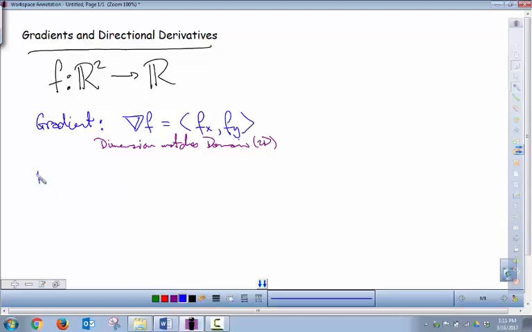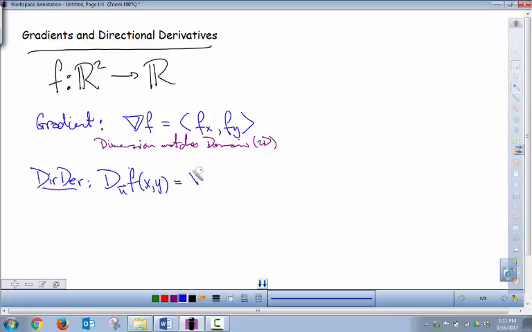We have the directional derivative, and that's the derivative of f with respect to u, or in the direction of u. On the quiz we had some issue about being evaluated at a specific value, x, y, or a, b.